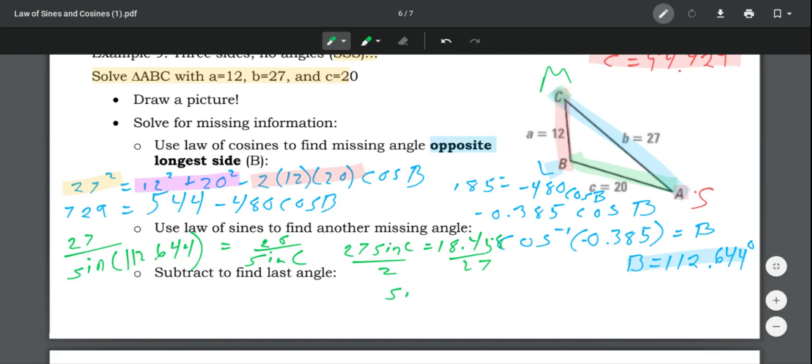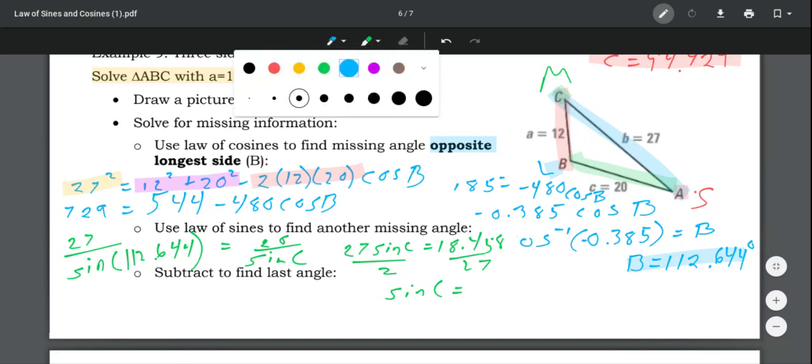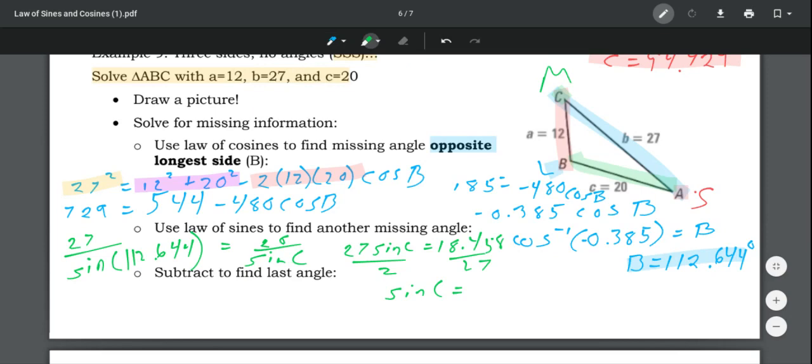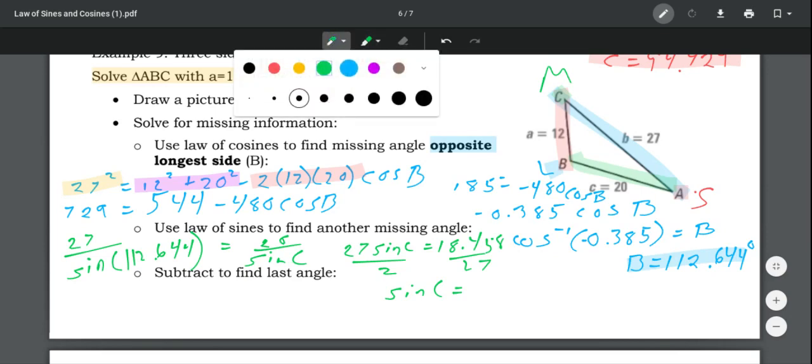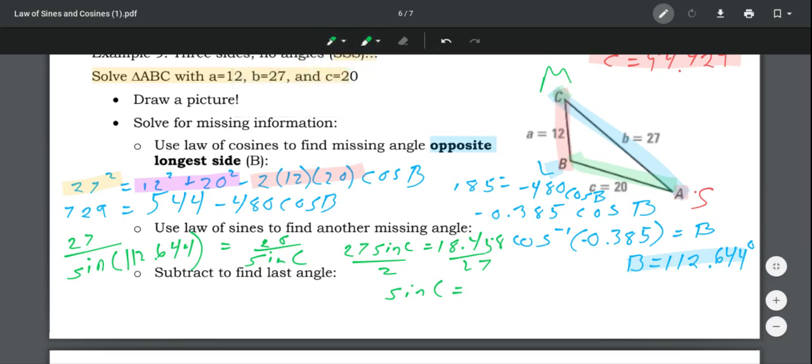And I'm going to get sine of C to be equivalent to, in this case, 18.458 divided by 27, approximately 0.684.